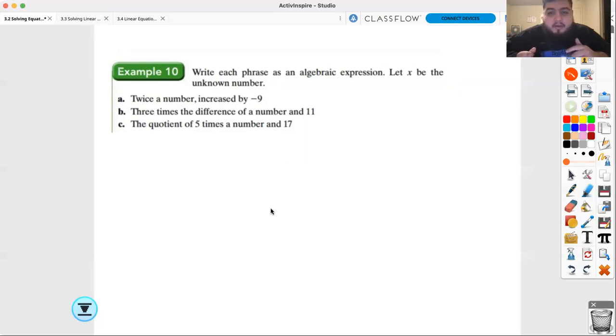Once you finish them, you want to try them out on your own, you can. Just know it's like what we did in example 9. They're just a little bit more intense.